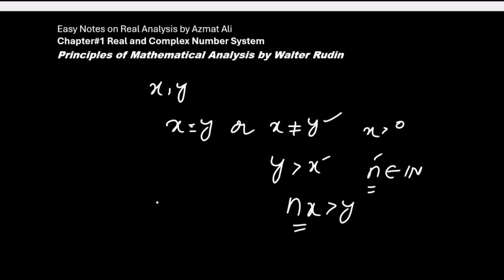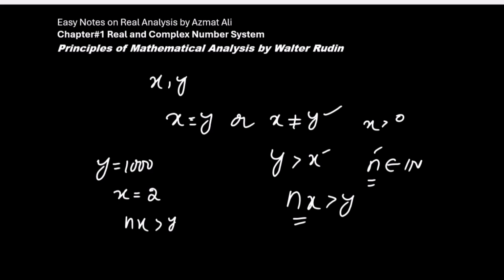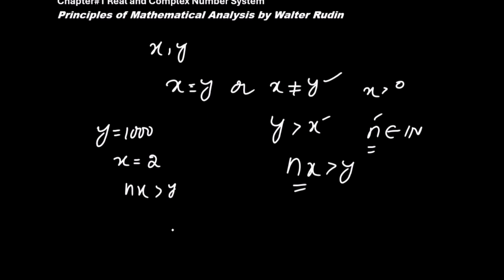Suppose my y is 1000 and my x is only 2. Now you can find a positive integer n that can make nx bigger than y. There exists at least one such n.